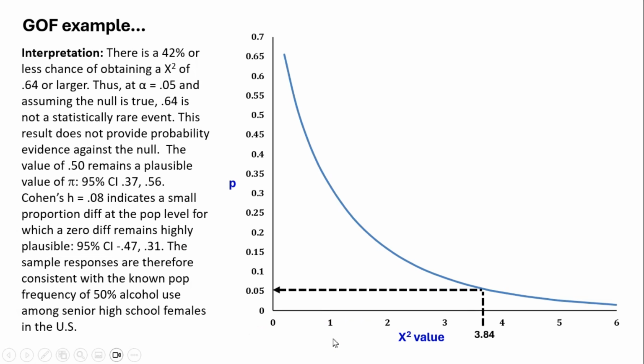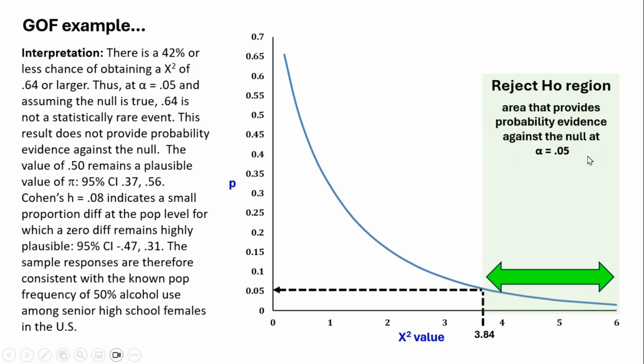And there's our critical value of 3.84. And we know already that the value for our observed statistic has to be greater than or equal to 3.84 for us to be in this reject the null hypothesis region. This is the area that provides probability evidence against the null at 0.05.